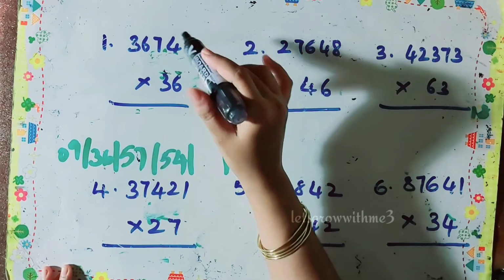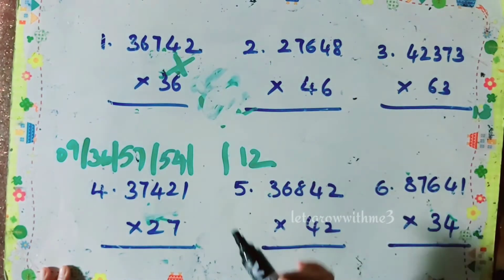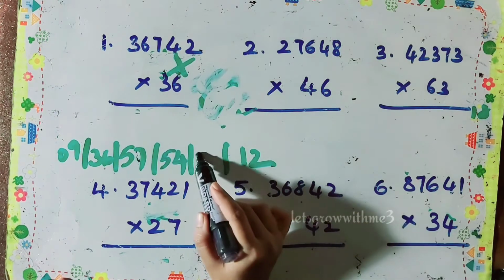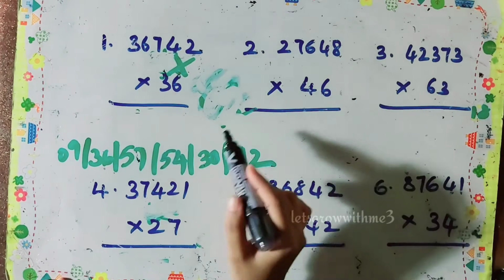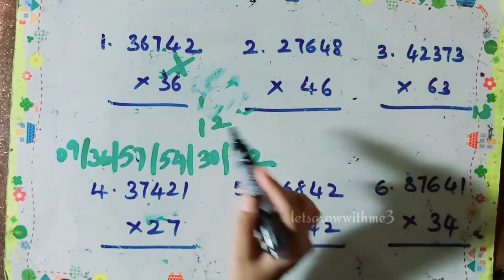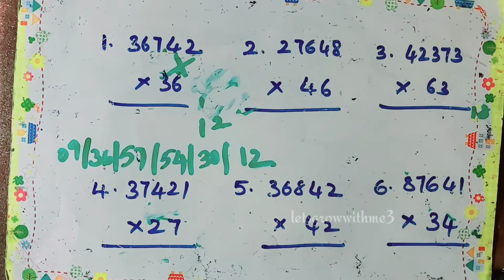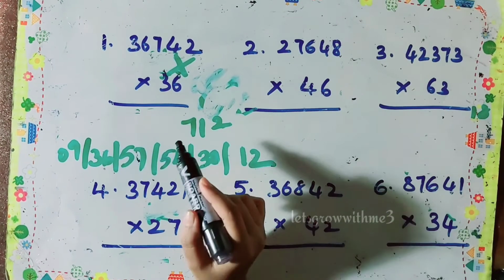And then our next crisscross, which is 6 4s are 24 plus 6, which is 30. Now we need to apply our balancing rules. 3 we need to add to the 54, which is 57.